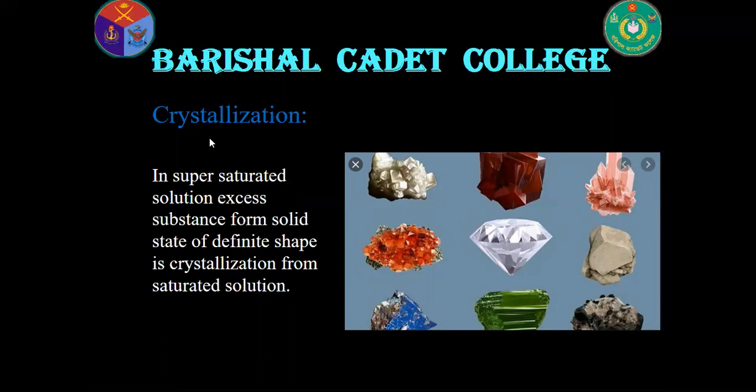So crystallization is the process in which a supersaturated solution is cooled and forms a saturated solution, and the excess amount of solid forms a definite geometrical figure. This is called the crystallization process, and the formed geometrical solid structure is called a crystal.